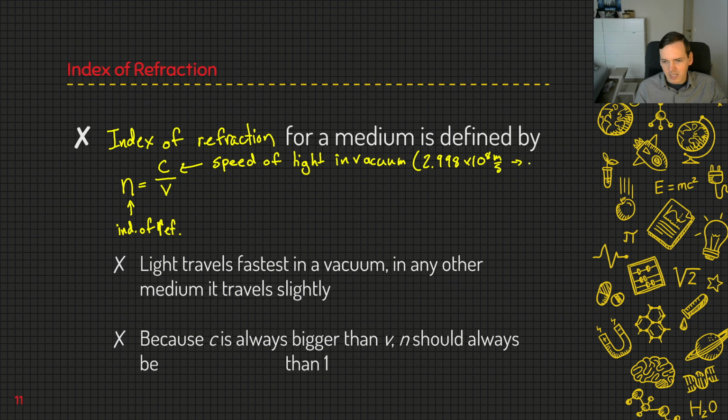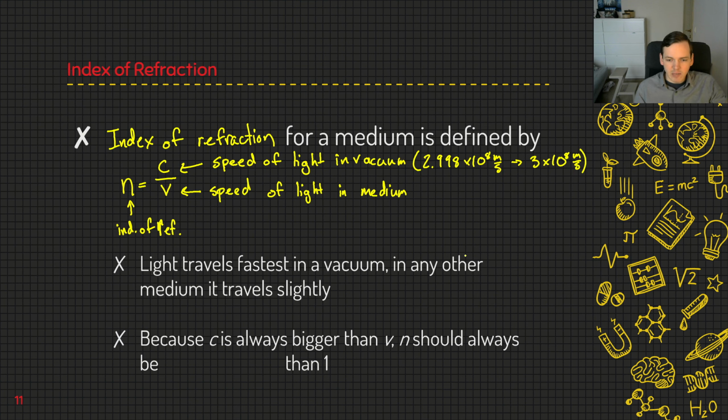But for this class, you can just use 3 times 10 to the 8 meters per second. And then v is the speed of light in the medium. So in water, it travels slower than in a vacuum. In air, it travels slower than in a vacuum. So you find the ratio of those two, and that lets you calculate n.